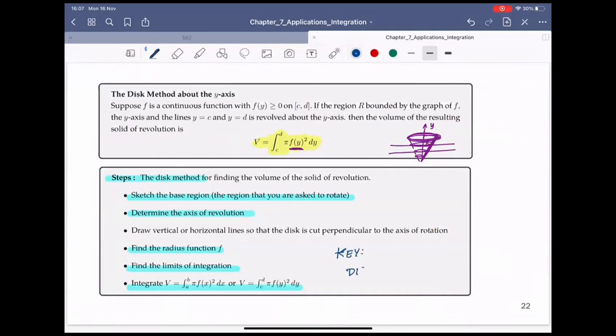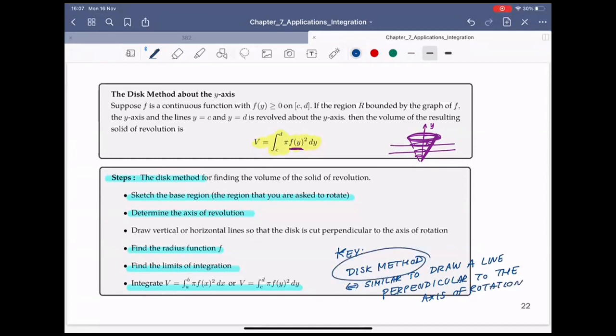If you want to use this method, you need to draw a line perpendicular to the axis of rotation. What does it mean by saying this?